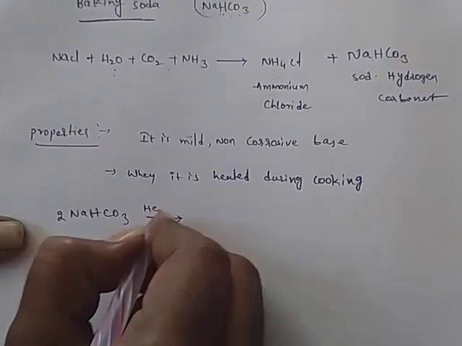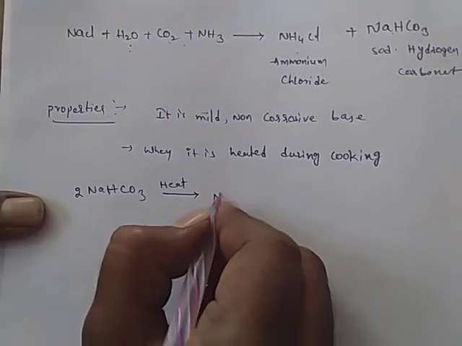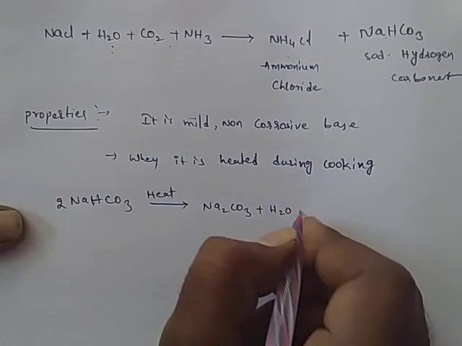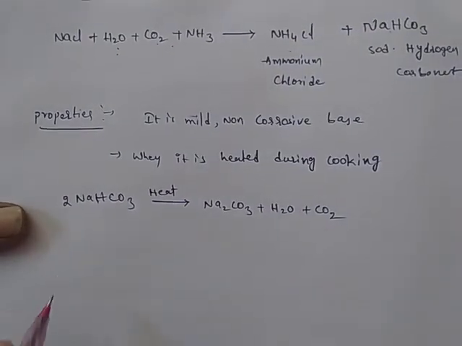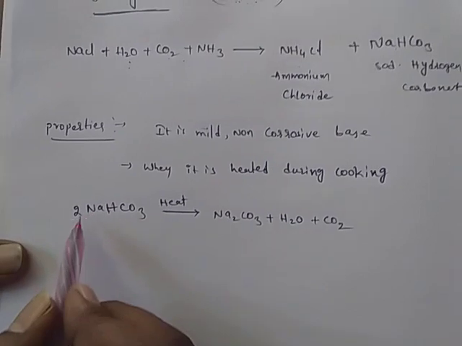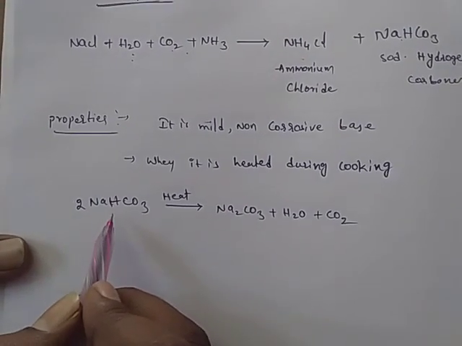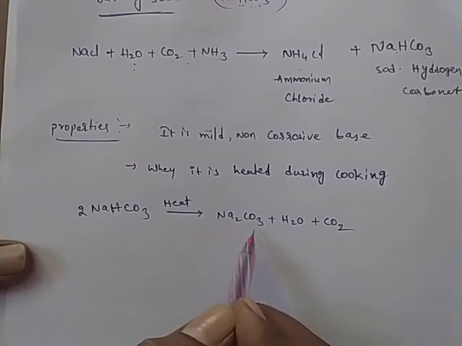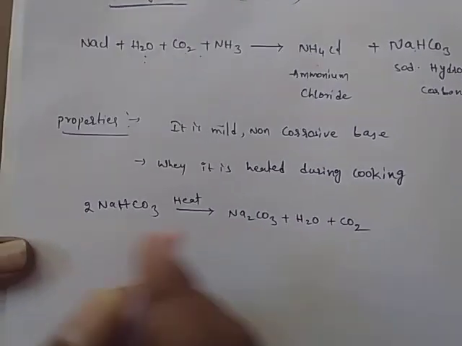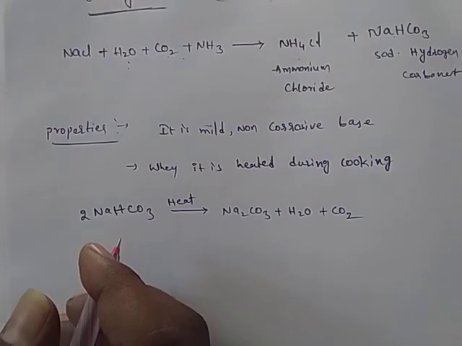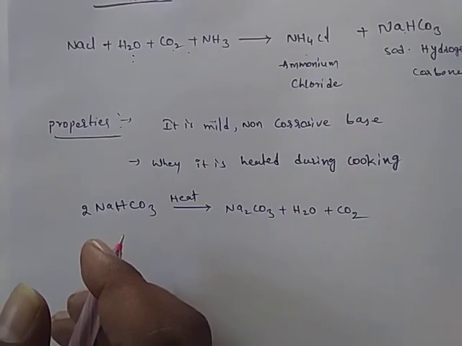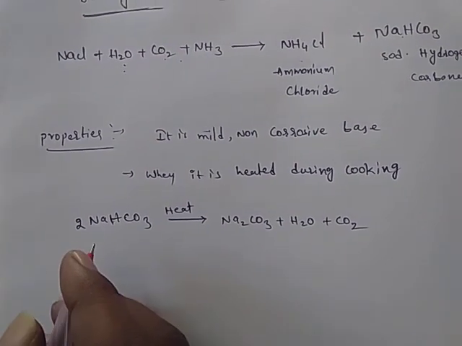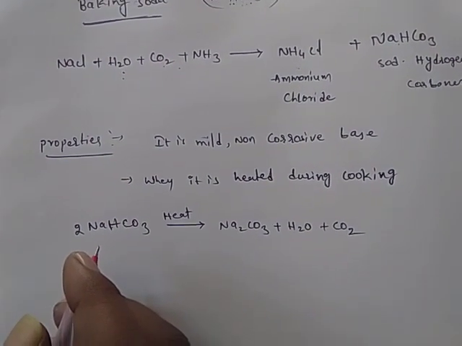When we heat it, it decomposes into sodium carbonate, a water molecule and CO2 gas, carbon dioxide. So this is our property. Sodium hydrogen carbonate is a mild non-corrosive base.